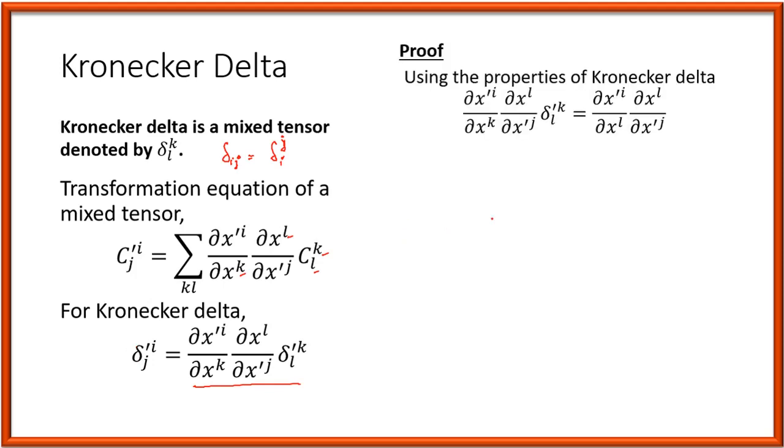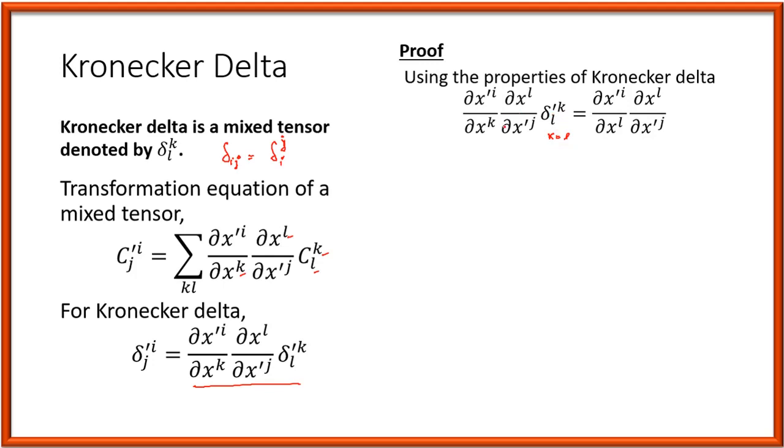Using the properties of Kronecker delta, we know that this term will become 1 only when K is equal to L, and for all other K not equal to L, it will become 0.